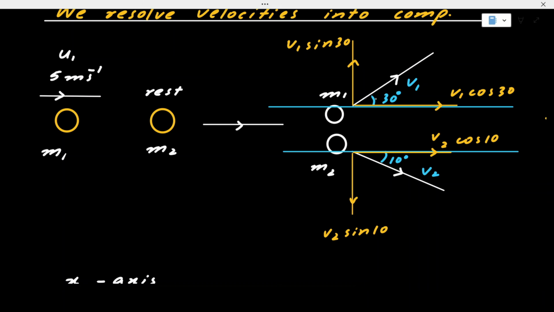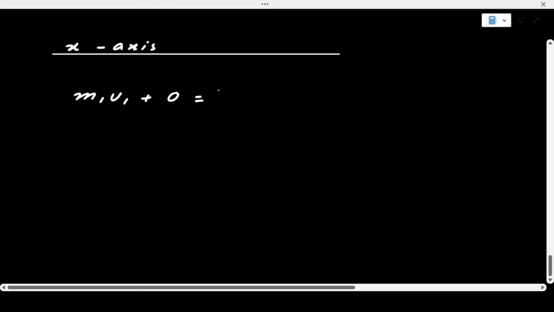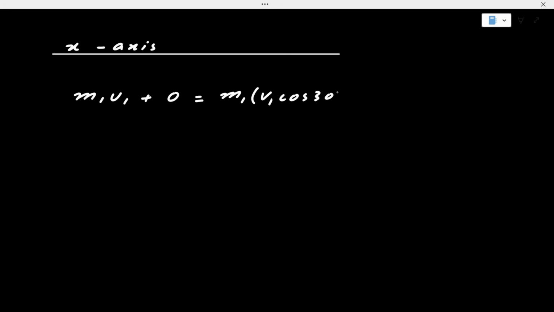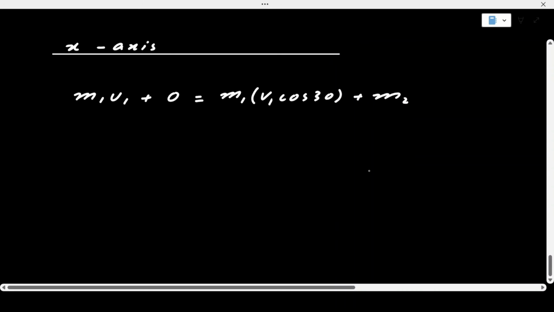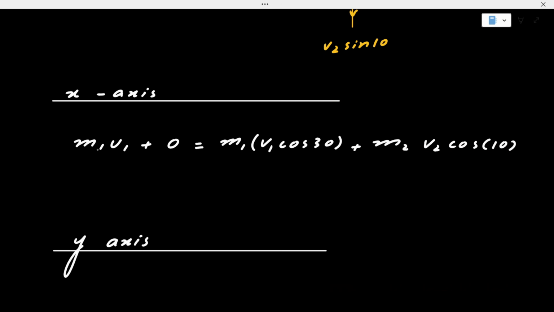That would be m1 v1 cos 30, because the velocity along x-axis is v1 cos 30, plus the second mass, whose velocity along x-axis is v2 cos 10. After collision, m1 was moving to the right side. The second mass also has the x component to the right side, so both of them are positive.